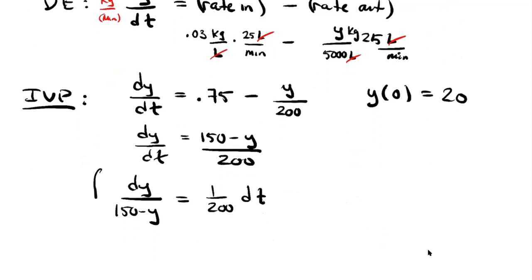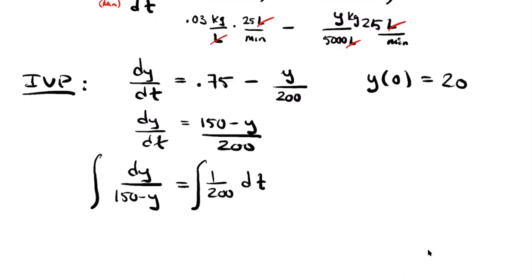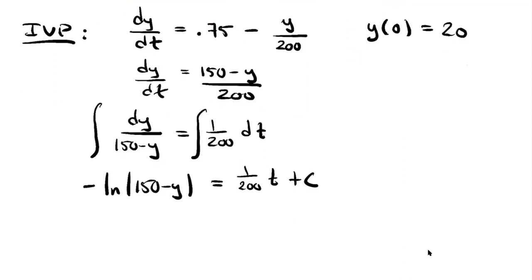And I'm going to integrate both sides of that, left-hand side with respect to y, right-hand side with respect to t. So the integral of the left-hand side is minus the natural log of 150 minus y. The right-hand side would be 1 over 200t plus a constant. And then exponentiate. Well, actually, let me multiply by minus 1 here real quick to isolate my log.